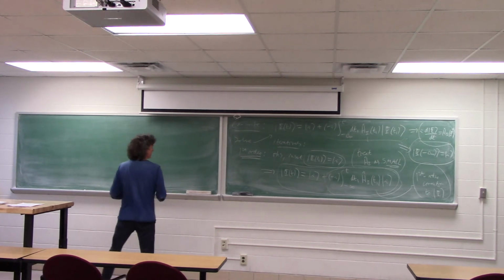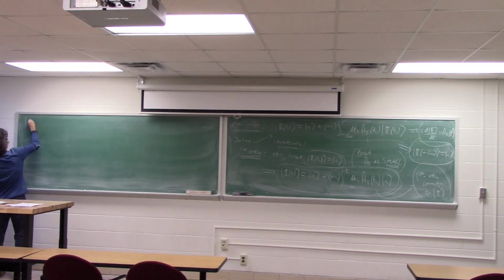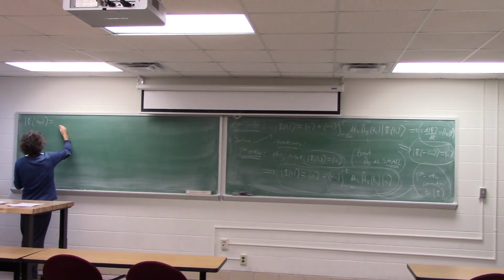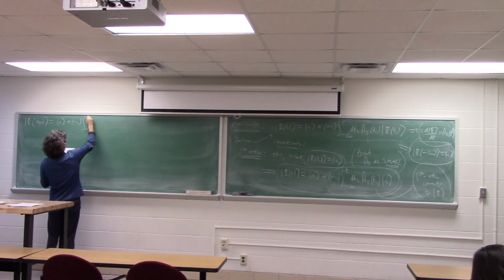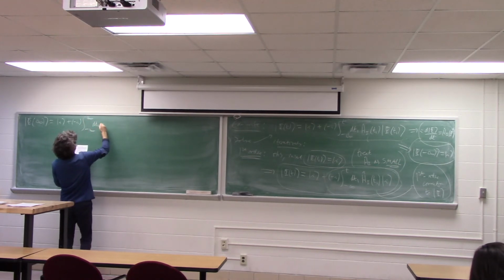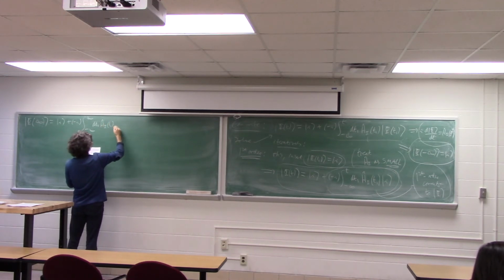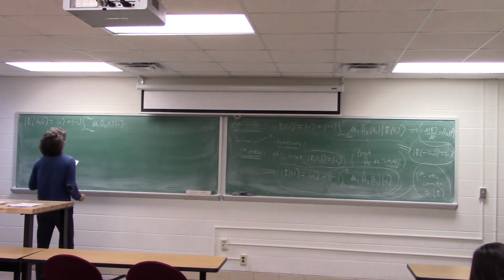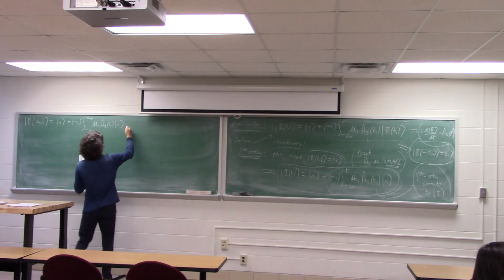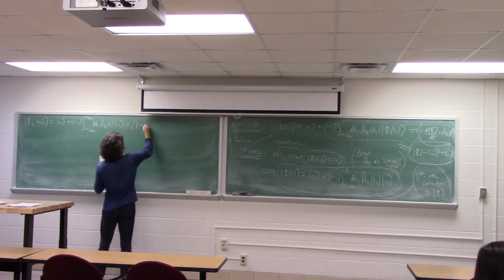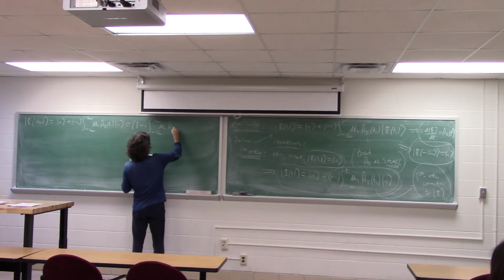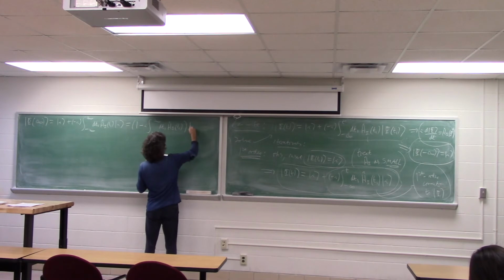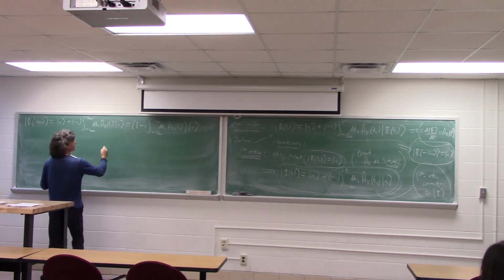So what we can write is that |phi(infinity)> is equal to |i> plus minus i integral from minus infinity to infinity dt1 H_interaction(t1) |i>, which is equal to 1 minus i integral from minus infinity to infinity dt1 H_I(t1) acting on the initial state.